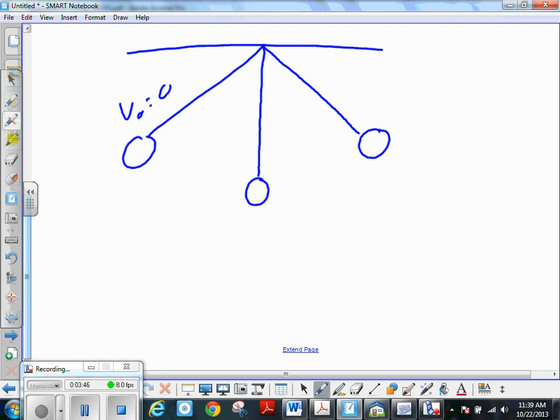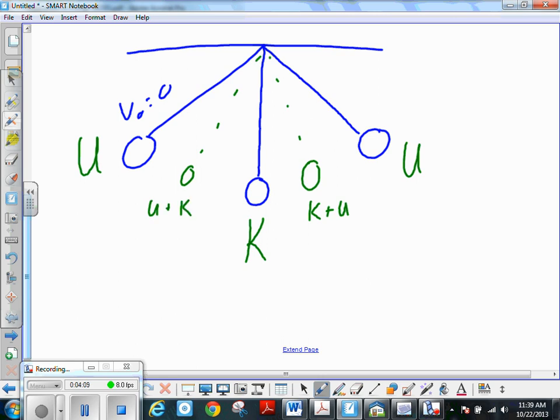And so what we would see up here is we have a full potential, okay, and then here we have a full kinetic, and then a full potential, and then if we had this here, we would have half kinetic and half potential, and same here, half potential and half kinetic.